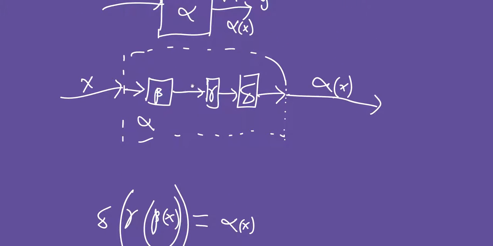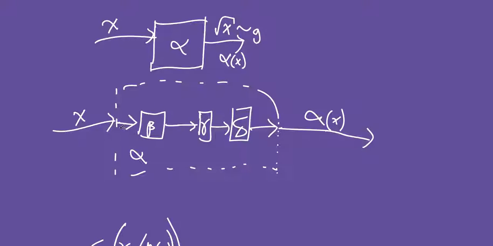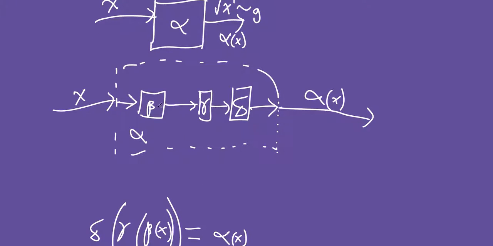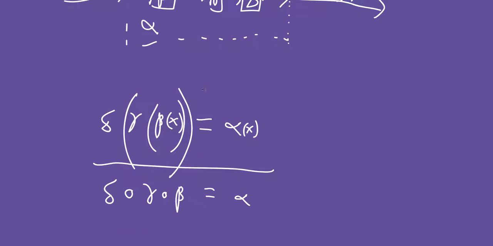You can see this reflected in the way we set up our chain of machines. It goes into beta first, then into gamma, then into delta, and then finally out. But when you're setting up your chain of arrows and machines, it looks like a reverse order from when you're doing it with the application notated this way.